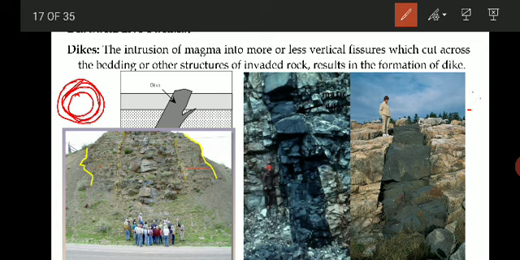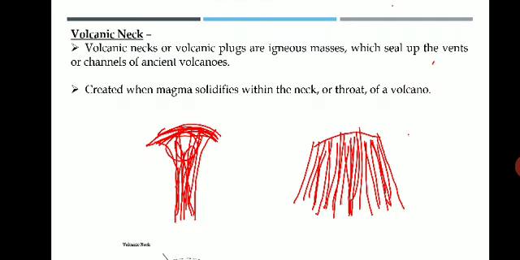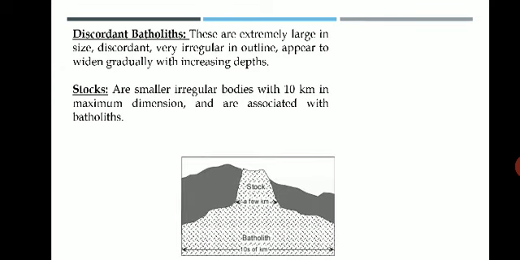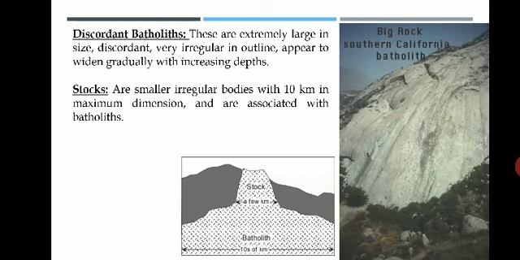Then I told you what is volcanic neck. Then we'll move on to the batholith. This is again a very important structure. Discordant batholiths are extremely large in size, like you might have seen in Shravanbelagola, right? There is a big hill, and there is a statue of Gomateshwara.